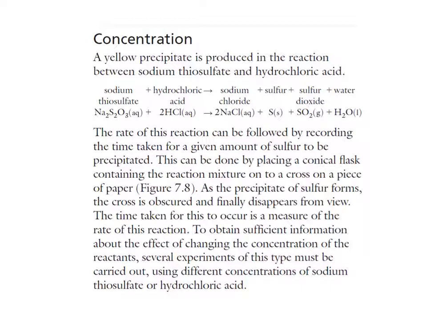Suppose you are taking 5 to 6 test tubes, and in these you take different molar concentrations of sodium thiosulfate: 0.5 molar in the first, then 1 molar, 1.5 molar, 2 molar, 2.5 molar. You can take variants of hydrochloric acid also. If you take variants of sodium thiosulfate, keep the concentration of hydrochloric acid constant, so it will be more suitable for your reaction, and you can do this reaction in many sets.